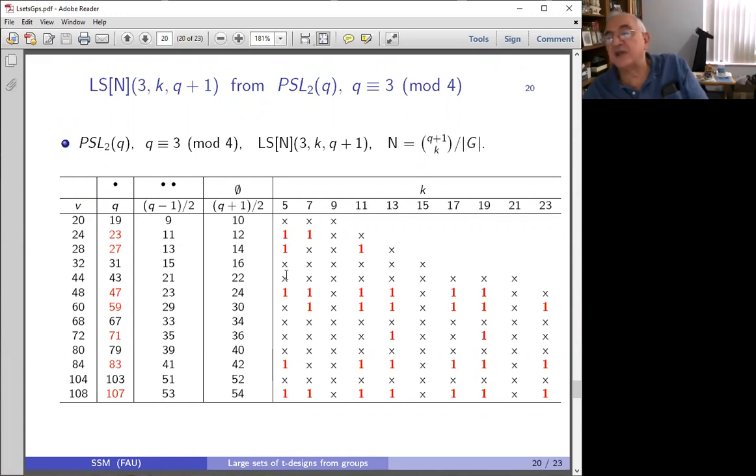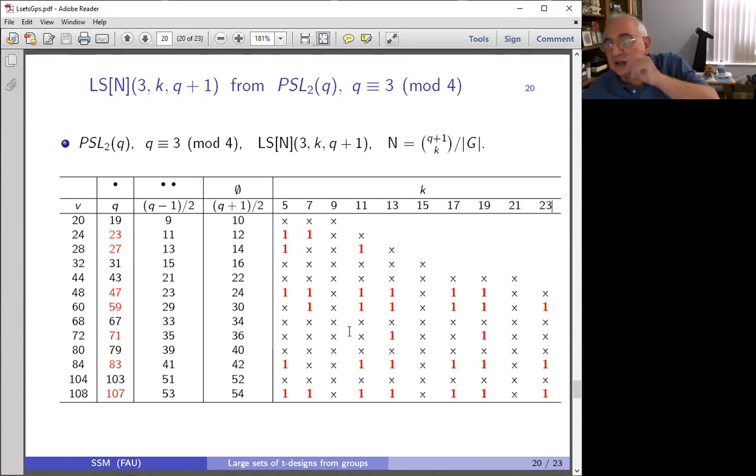And therefore, we cannot get a semi-regular situation here. So we cannot have K values of even order. That's why you can see here the K values are odd. And by a similar argument, you cannot have 3s. We cannot have K values which are multiples of 3.